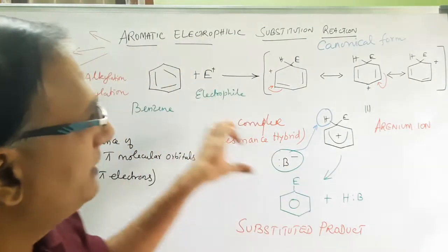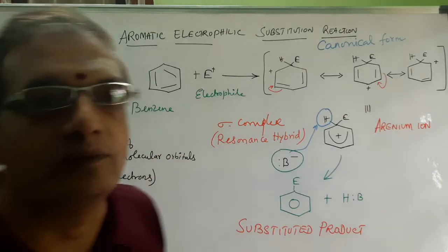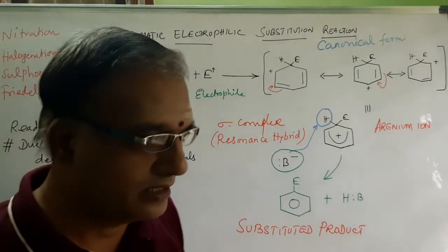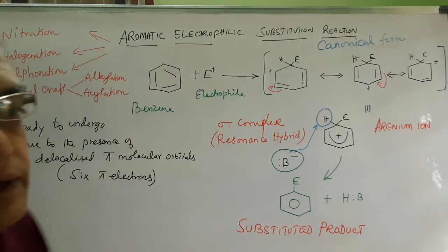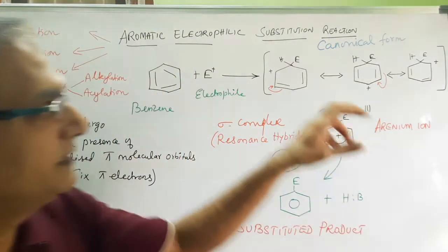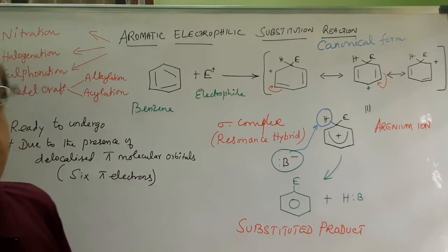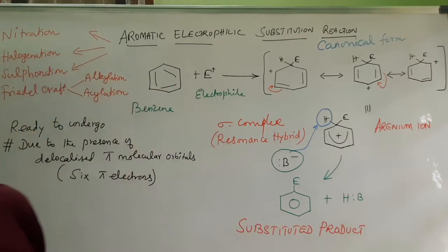Now in this video I am trying to focus on the general mechanism of electrophilic substitution reactions. Already we have mentioned the various types of electrophilic substitution reactions with examples of nitration, halogenation, sulfonation, and Friedel-Crafts alkylation and acylation reactions in previous videos.